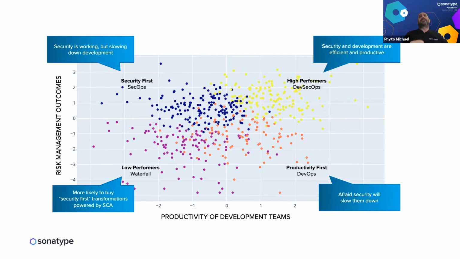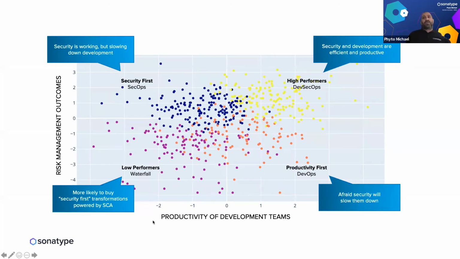And really, we found 4 distinct outcomes. If we look at the top right, the high performers, security and development are efficient and productive leaders. So they are very efficient in what they do, both from a security and development perspective. On the top left, security is key. Security knows exactly what they're doing, but development is slowed down either by policy or process or by lack of education, a number of different areas really.